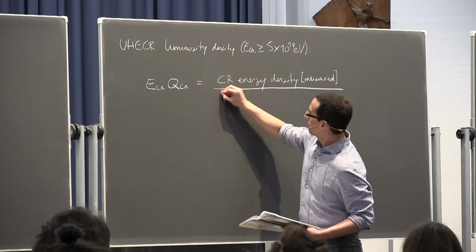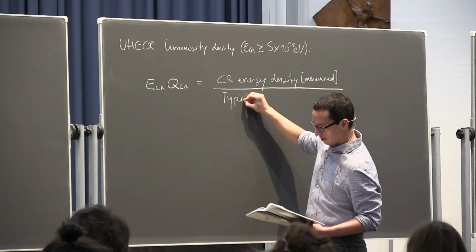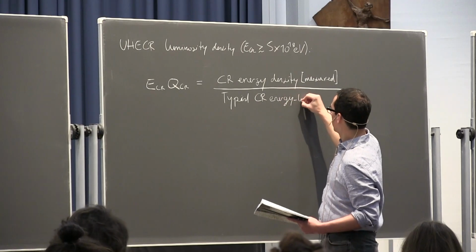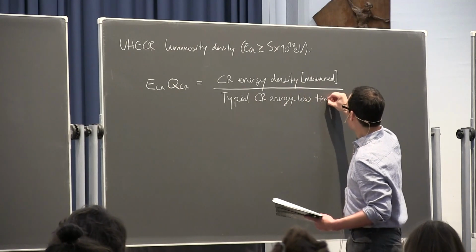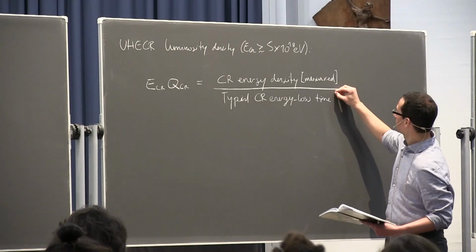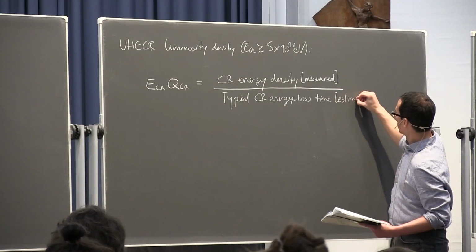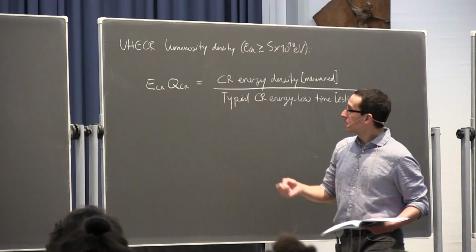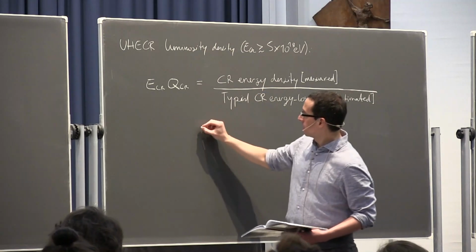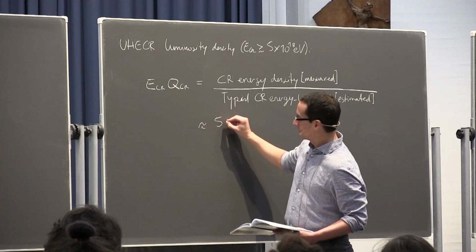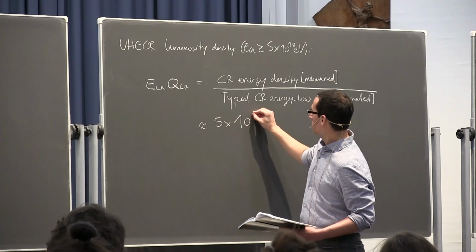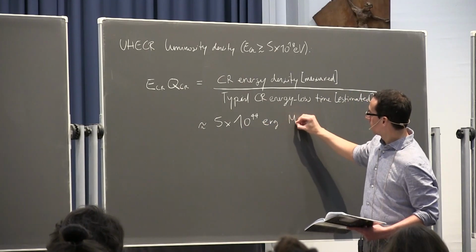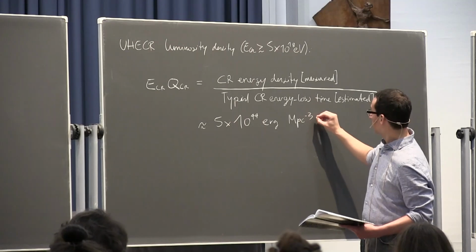And then that is divided by the typical cosmic ray energy loss time. And that's something we estimated yesterday on pretty generic, but I would say also solid arguments. And when you do this calculation, then it turns out that the number you get is a well-known number. You might see it if you work in this field: ergs per cubic megaparsec per year.